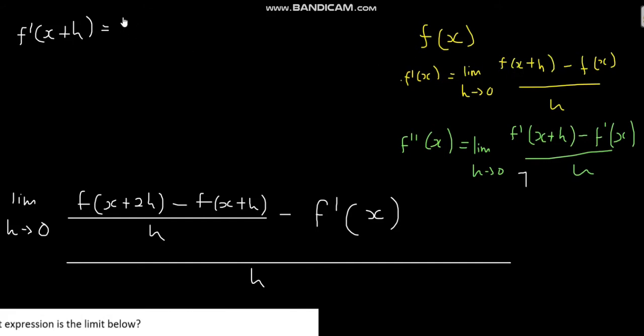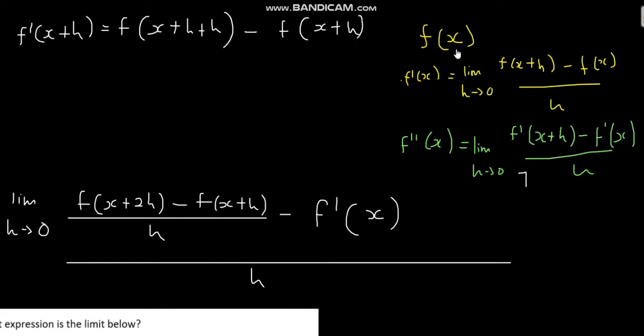So this will give me f of x plus h plus h. You see how we had just x here, and then we added an h, which is the distance. Same way here, but here we had h initially, so we still have to add another h. That's why I have two h's here. So this minus f of x plus h.